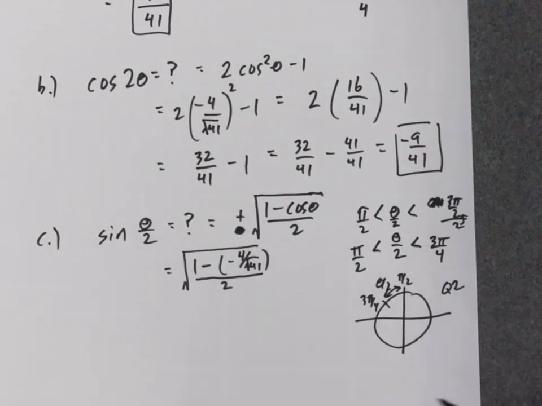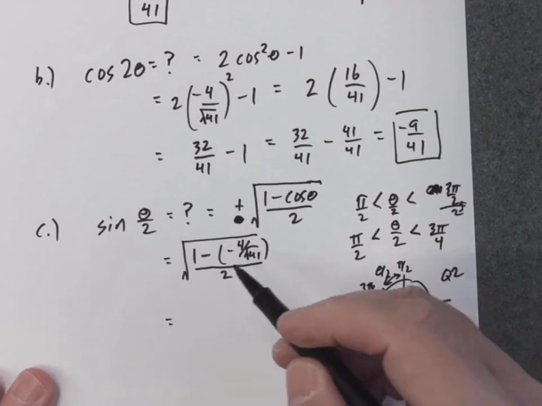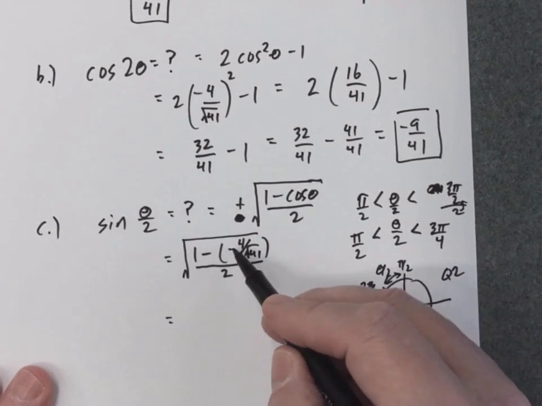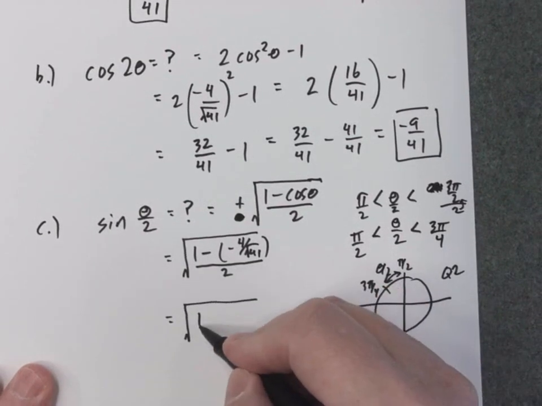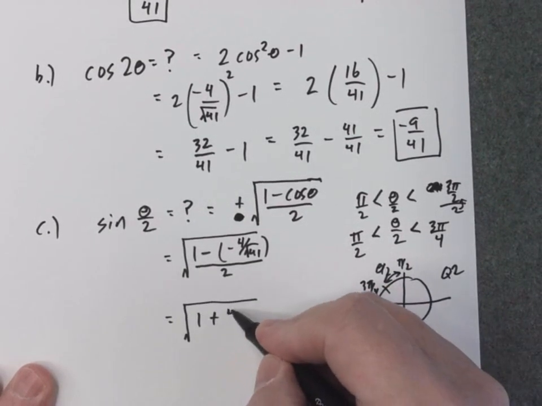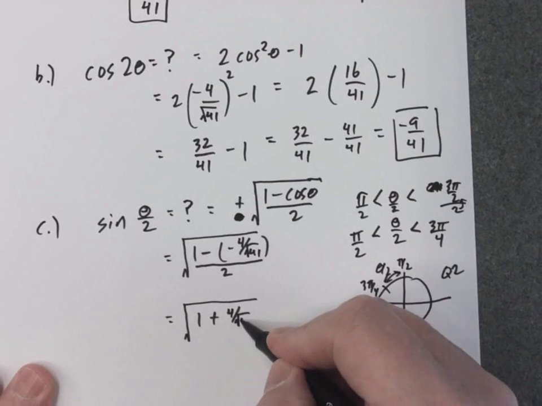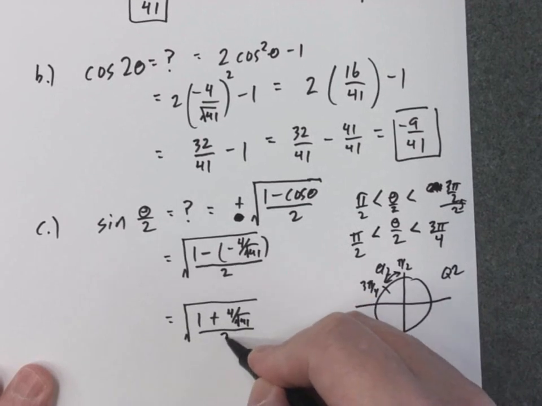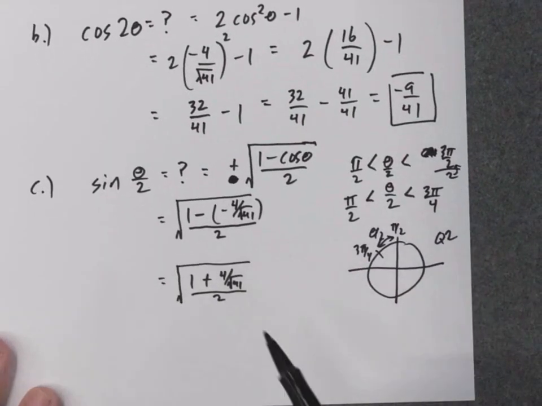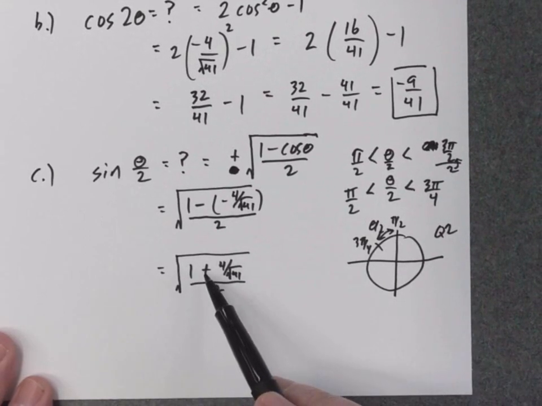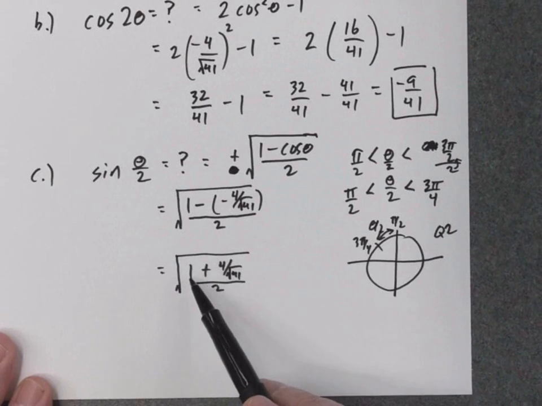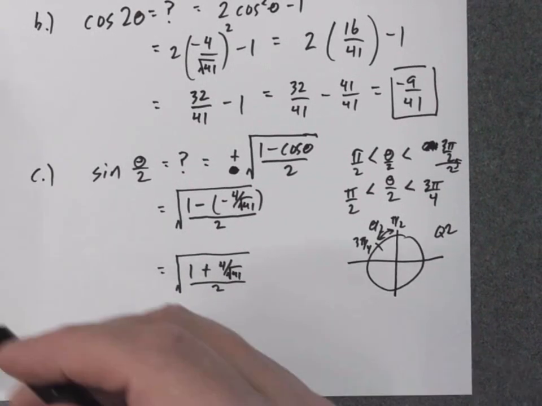So now I need to simplify this. The first thing I notice is when you subtract a negative, that's the same thing as adding. So now I have this. Now, like we've had to do before, I'm going to go ahead and take 1 plus 4 over square root of 41 and make it into one fraction.